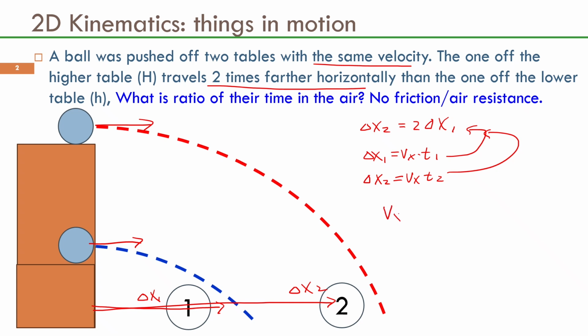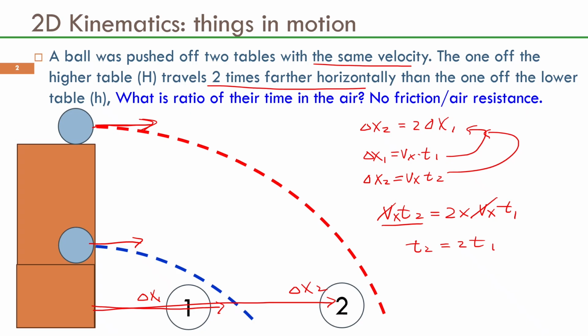So Vx t2, which is my delta x2, equals 2 times delta x1, which is Vx times t1. And if we cancel out Vx, what we learn is t2 equals 2 times t1. In other words, this ball here stays in the air 2 times longer than the ball off the lower table.